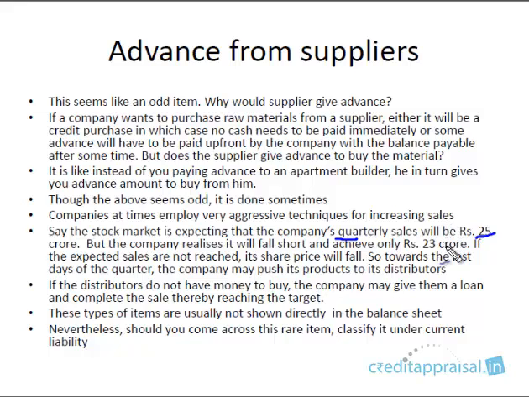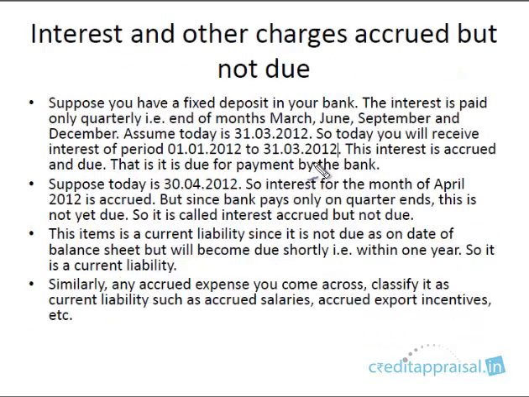So during the last days of the quarter, the company can push the products to its distributors. If the distributors don't have money to buy, the company may give them a loan and complete the sale. These are things that companies do, and in those situations, these items arise. Actually, it will not be shown directly in the balance sheet under that name, but in case you come across such an item, you have to classify it as a current liability.